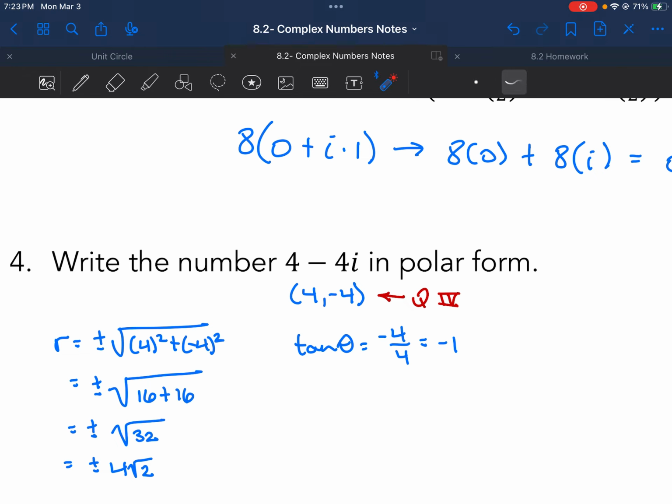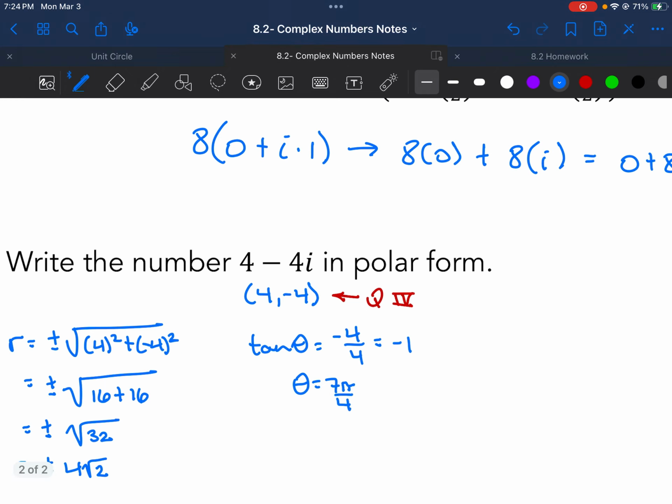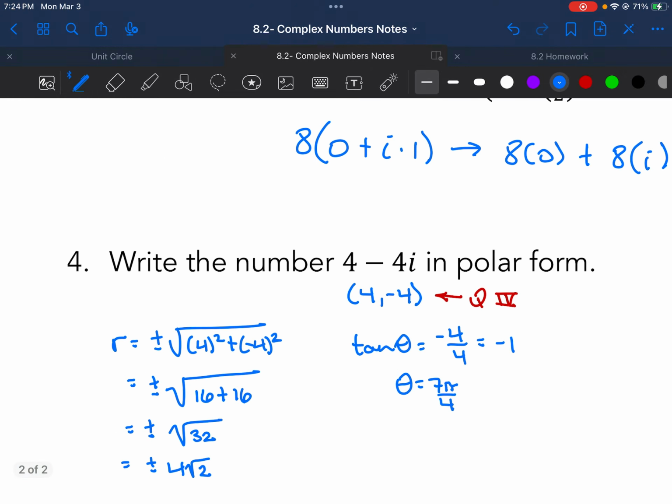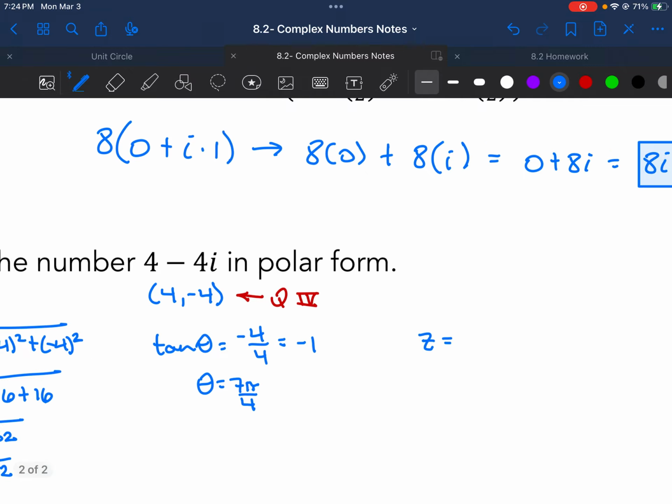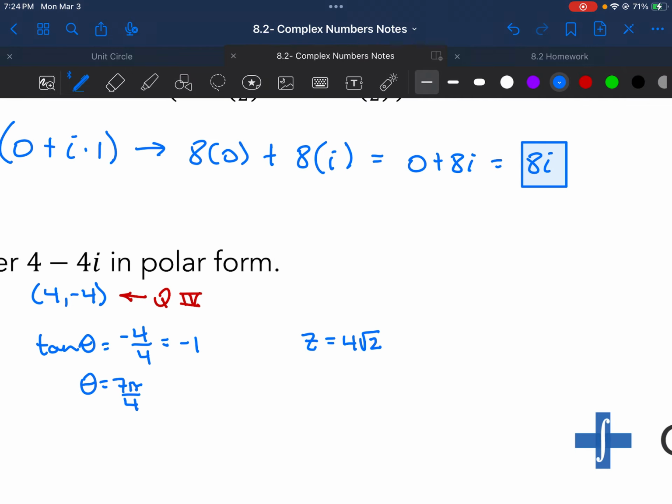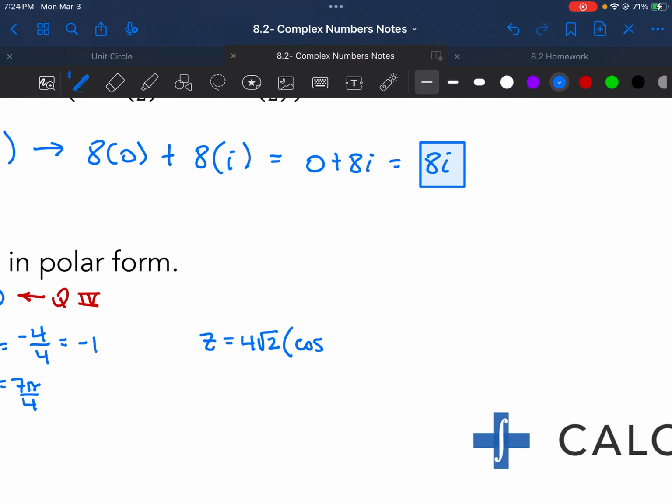So we need to know what angle in quadrant 4 gives us a tangent value of negative 1, and that would be 7 pi over 4. Okay, so in polar form, our number, let's just call it z, would be 4 root 2, parentheses, cosine 7 pi over 4, plus i sine 7 pi over 4.